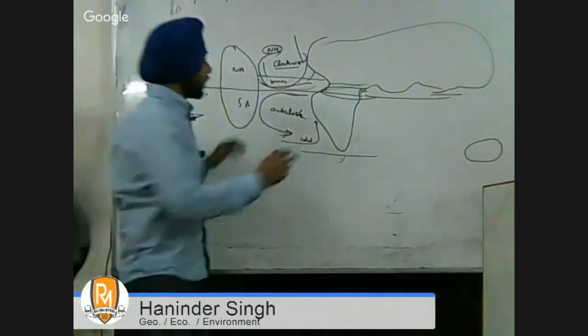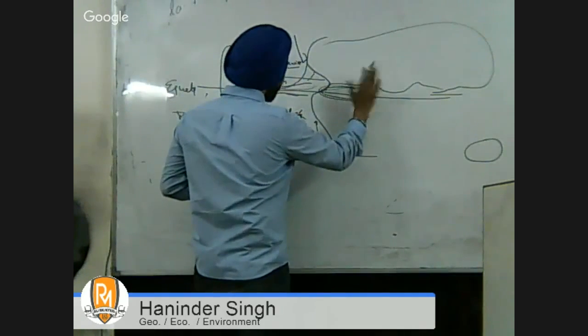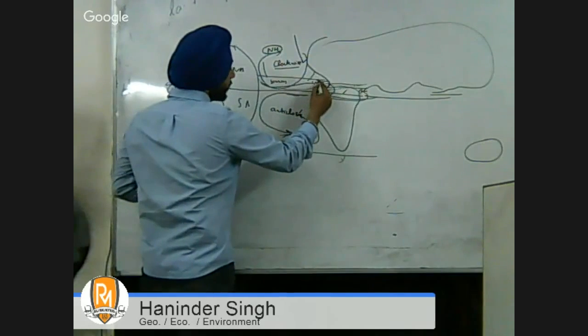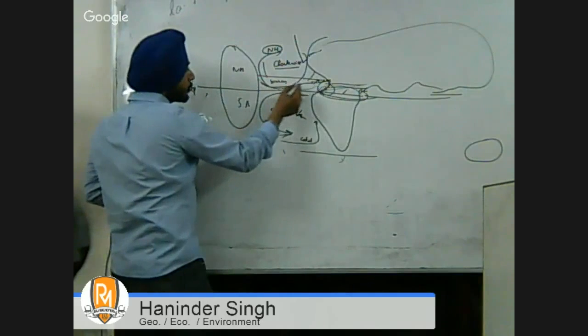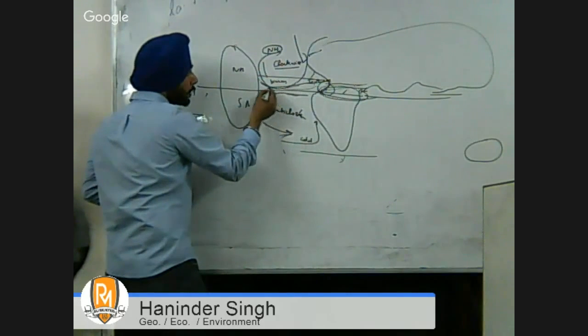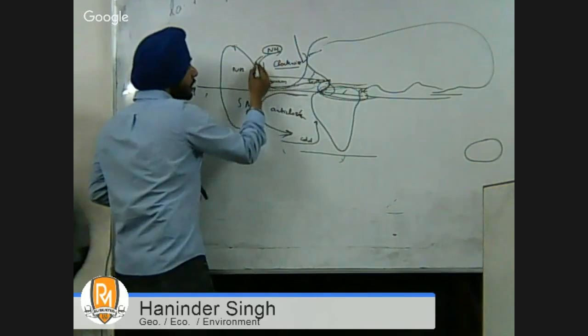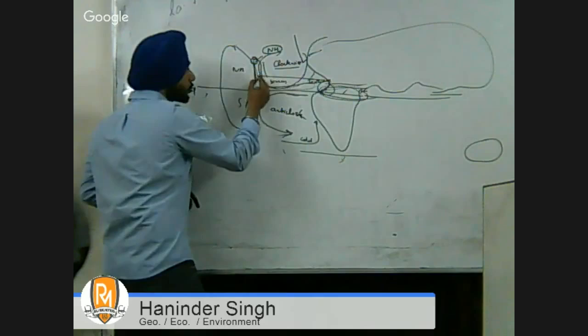So this area can be termed as, say, Arabic. This area is warmer than this, so any ocean current originating from this area would be warm. In the same way, when it rotates clockwise it will also have some warming effect on these areas as well.